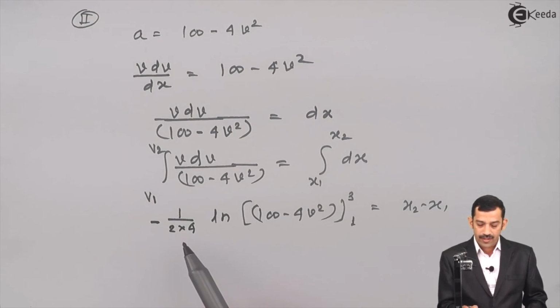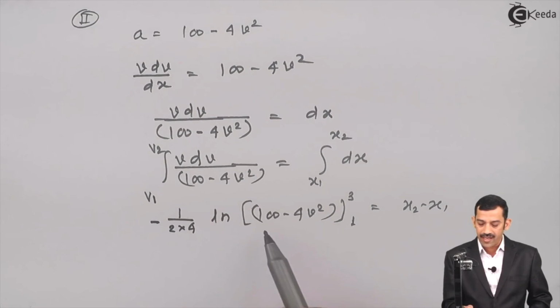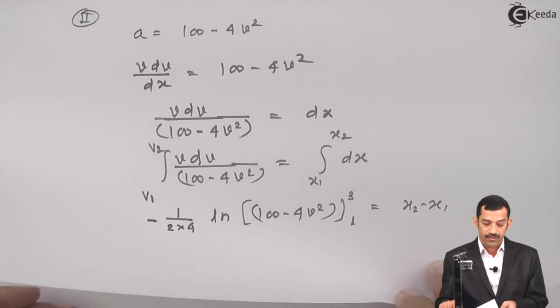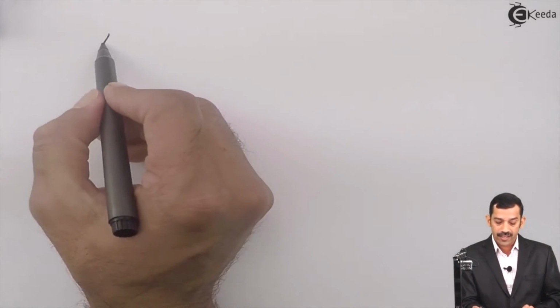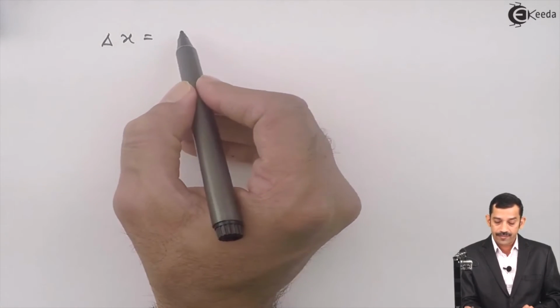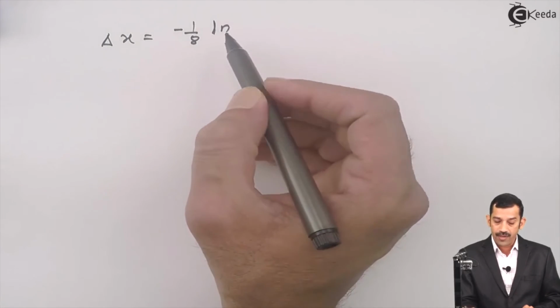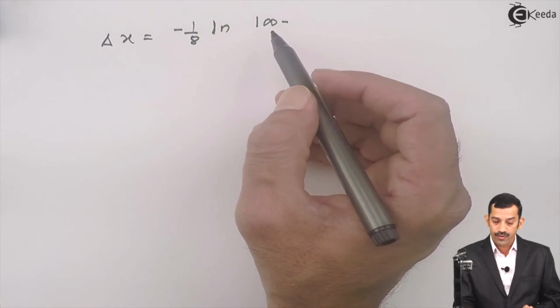After integration, what you are getting is minus 1 upon 2 into 4 log of 100 minus 4v square, with limits of integration. Now if we substitute the limits, x2 minus x1, that is delta x, becomes minus 1 upon 8 ln of 100 minus 4v square.